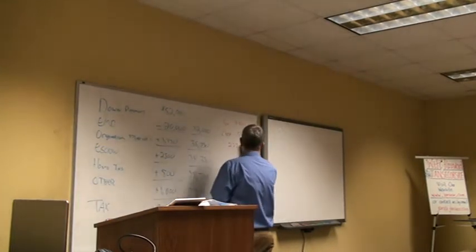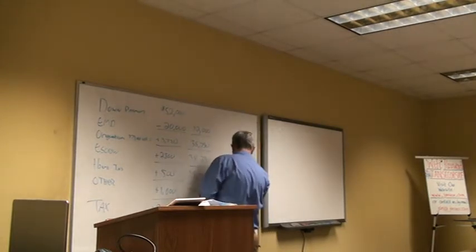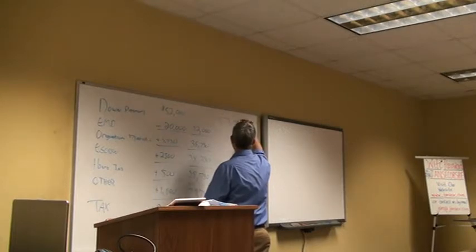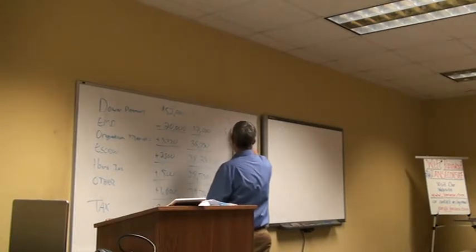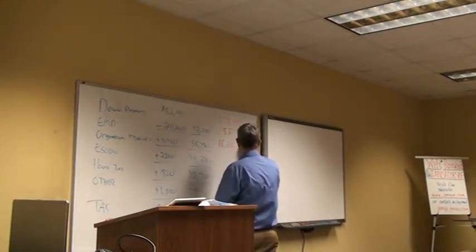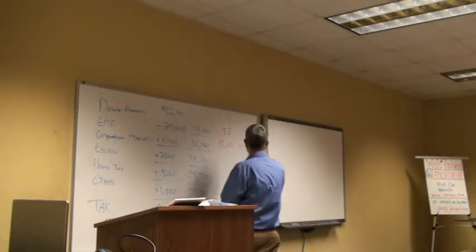How much is the loan? 373. What's the interest rate? 5%. What's the total yearly interest of the loan? 18,650. So we have our interest for the year.